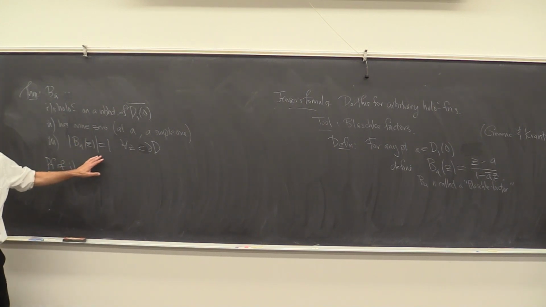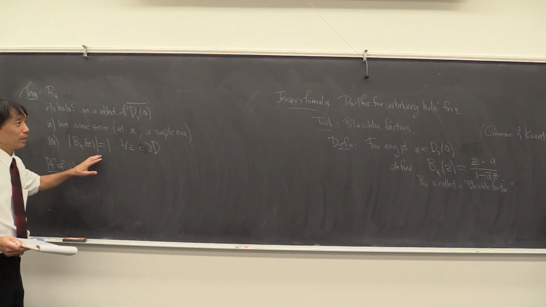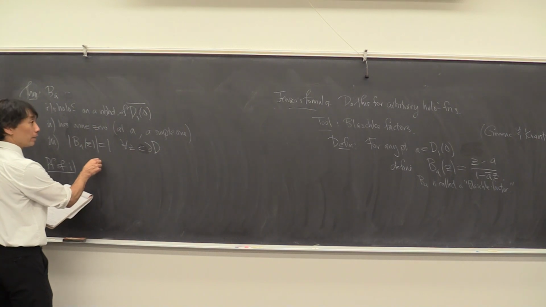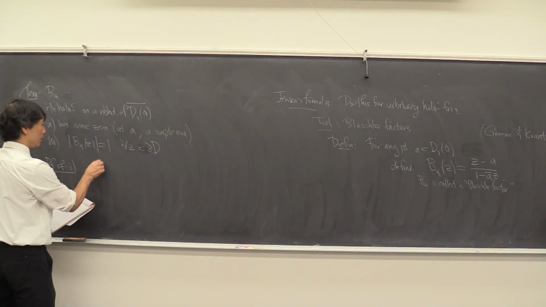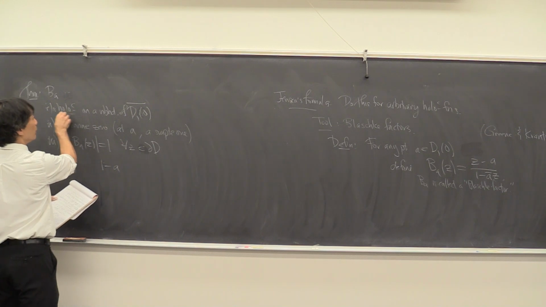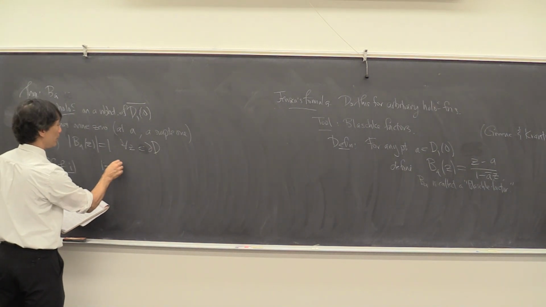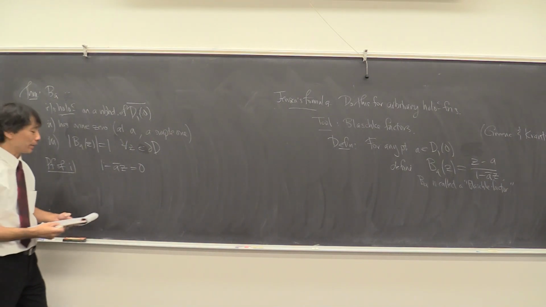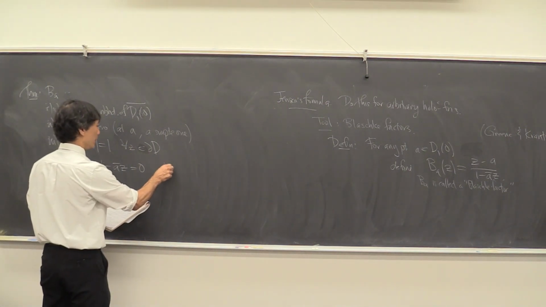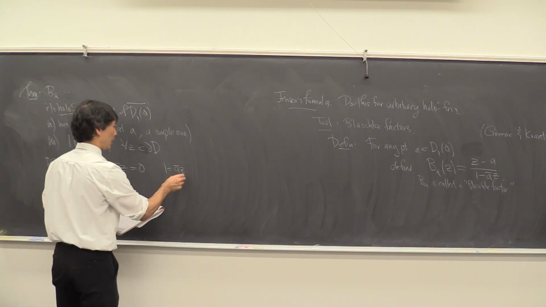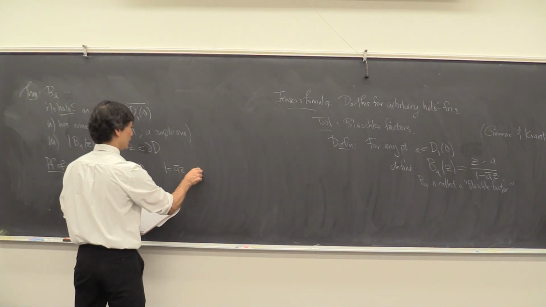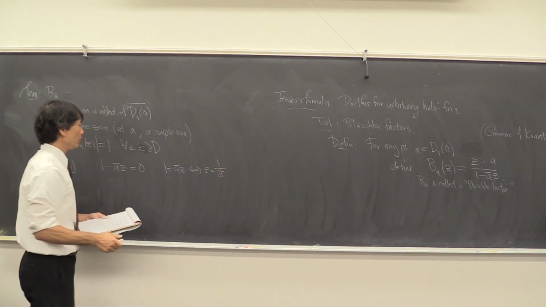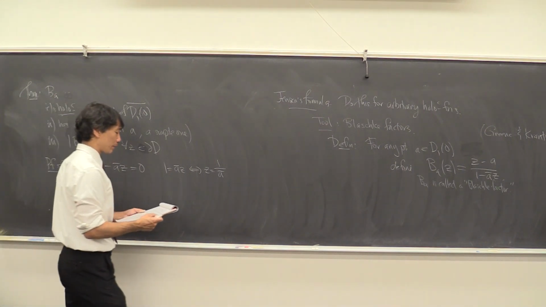Okay, so these are pretty straightforward. You say, well, look, if we want to show this thing is holomorphic, let's look at the denominator of the Blaschke factor. We see that 1 minus a bar z is zero if and only if, of course, z is 1 over a bar.